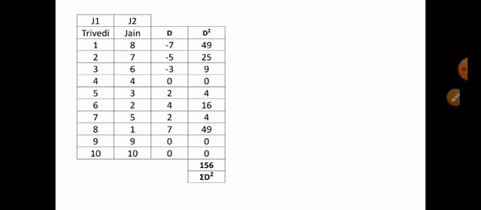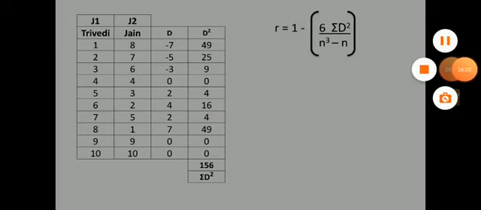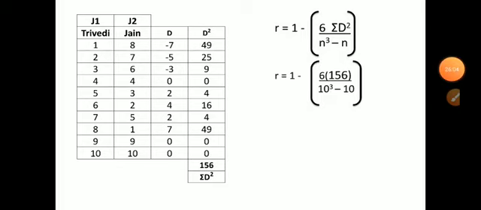Minus 7 into minus 7 gives 49, minus 5 into minus 5 is plus 25, minus 3 into minus 3 is plus 9, 0 into 0 is 0. Similarly, we have calculated all the d square values. Okay, and the formula we'll be using, the formula.